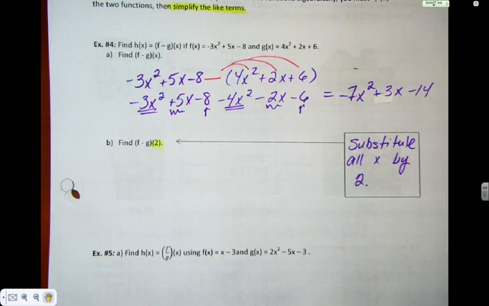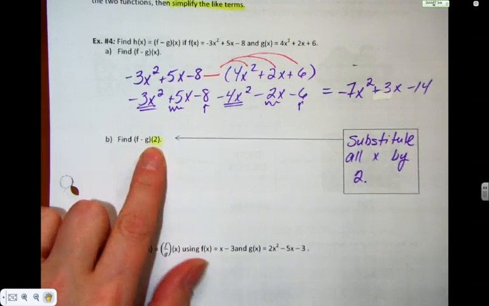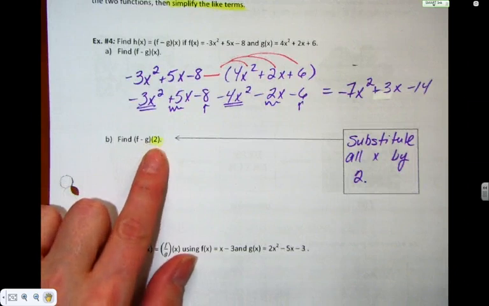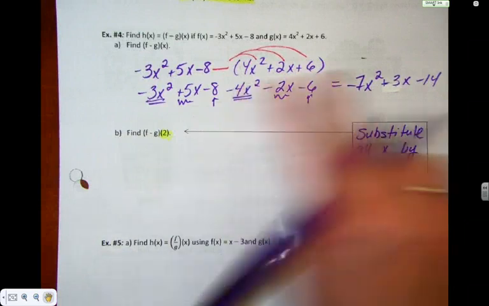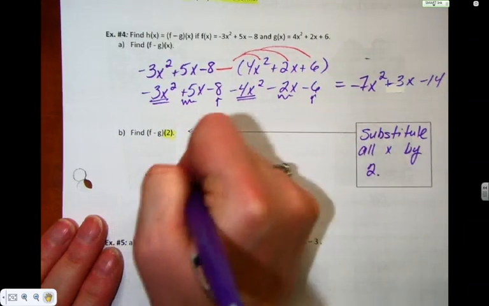If they wanted you to take that function and multiply it by 2, what would that look like? So how would they tell you that? Where would that 2 be? In the front, the way we normally see it. So this is functional notation for substitute. That's what it means. So it's saying go back, get your f minus g, take out the x, put in 2.